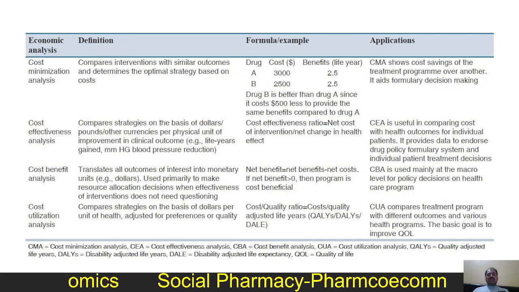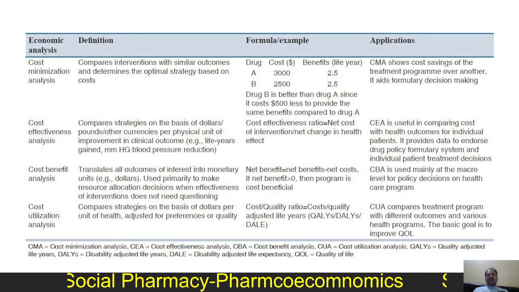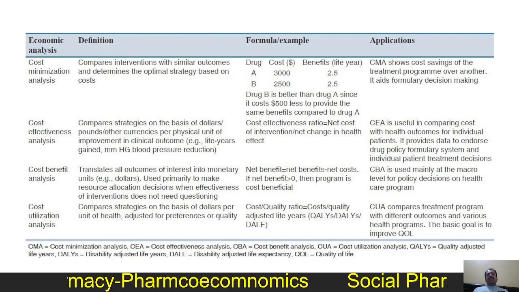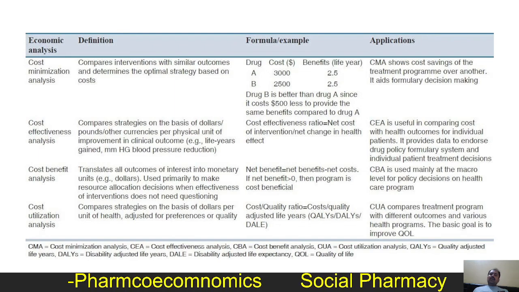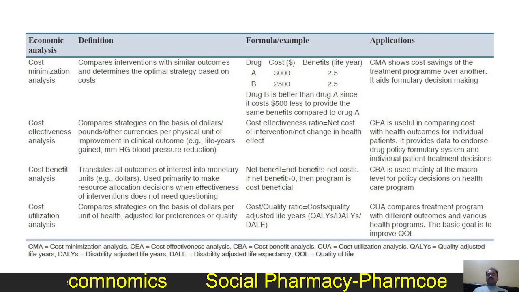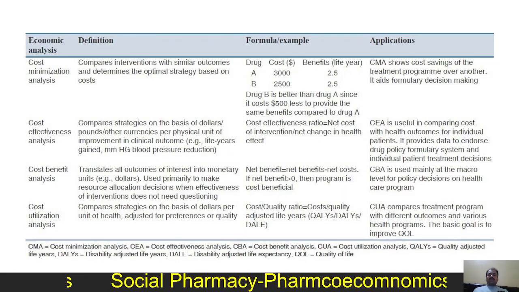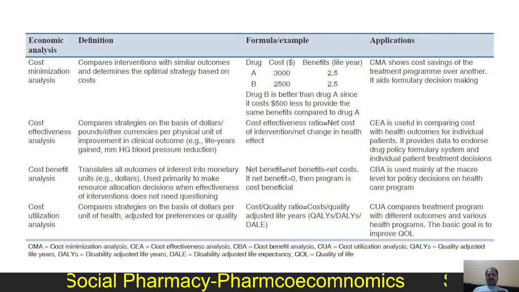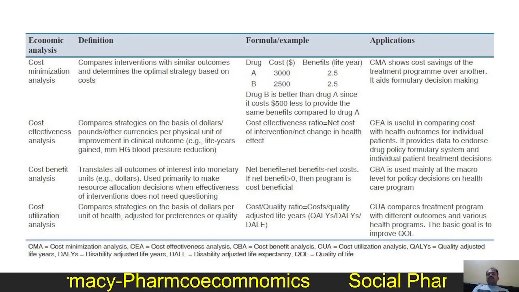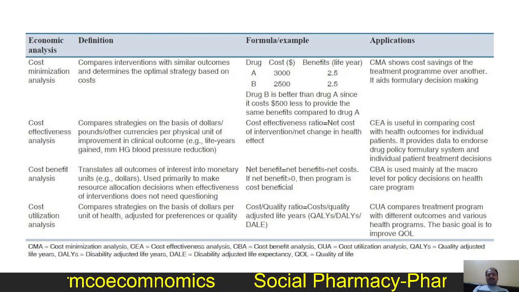So the cost effectiveness ratio can be calculated by the formula: net cost of intervention divided by net change in the health effect. This analysis is useful in comparing the cost with health outcome for an individual patient. It provides the data to endorse drug policy and formulary systems, in which individual patient treatment decisions can be taken.